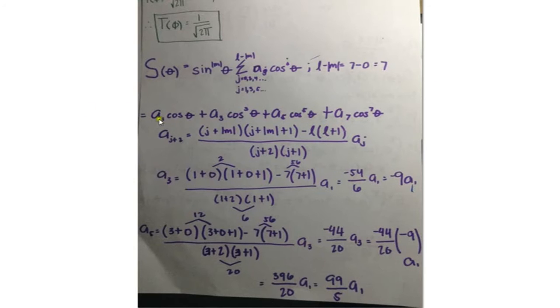The problem here is we have many normalization constants, but we need only one to solve. So in solving this equation for S, part of it will be able to solve a sub j plus 2, which is equal to j plus m times j plus m plus 1 minus l times l plus 1, over j plus 2 times j plus 1, times a_j.